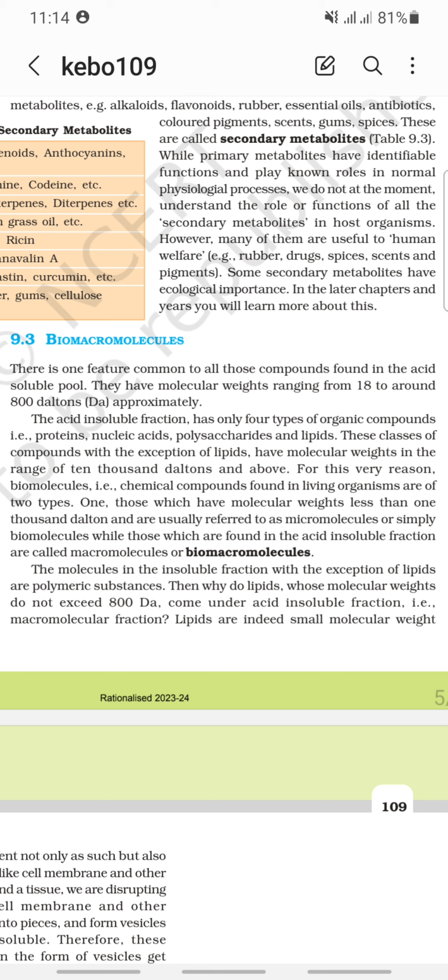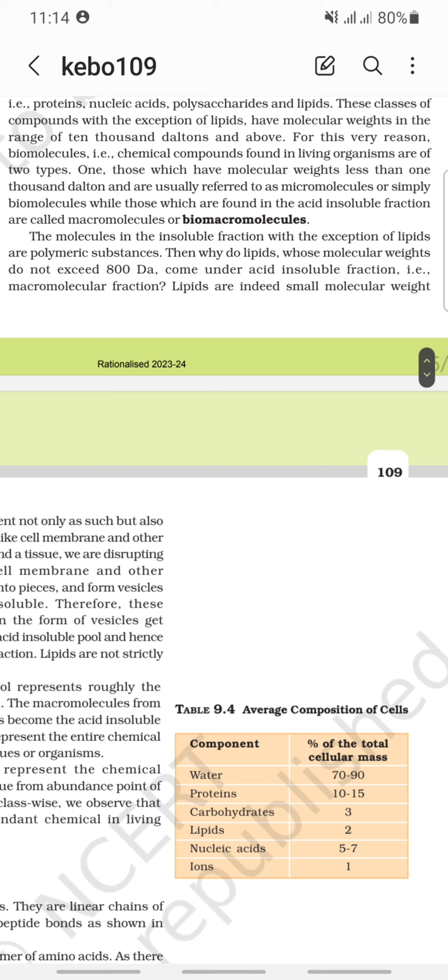For this very reason, biomolecules, that is, chemical compounds found in living organisms, are of two types. One, those which have molecular weight less than 1,000 Dalton and are usually referred to as micromolecules or simply biomolecules, while those which are found in the acid insoluble fraction are called macromolecules or biomacromolecules.